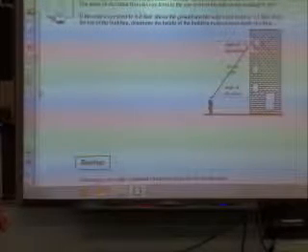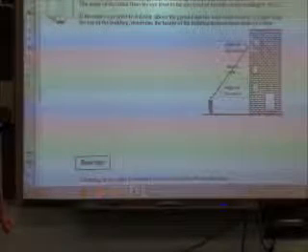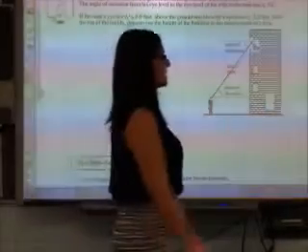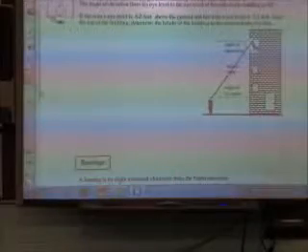The angle of elevation from his eyes to the eye level of his wife in the building is 62 degrees. If the man's eye level is 6 feet above the ground and his wife's eye level is 5.2 feet from the top of the building, determine the height of the building to the nearest tenth of a foot.